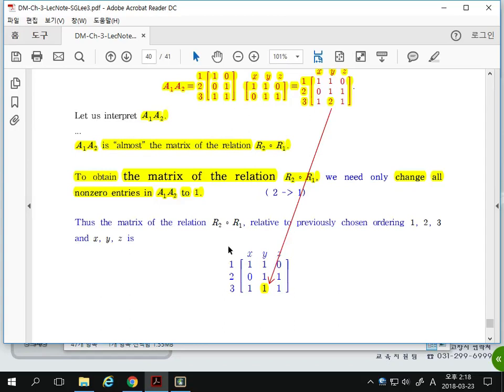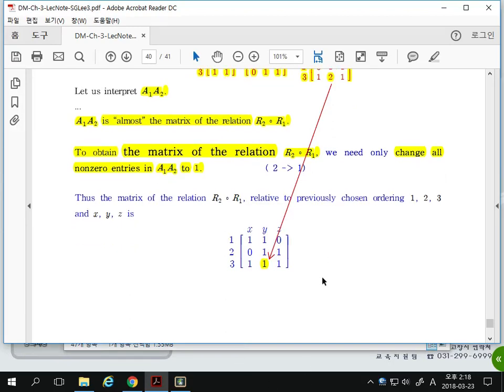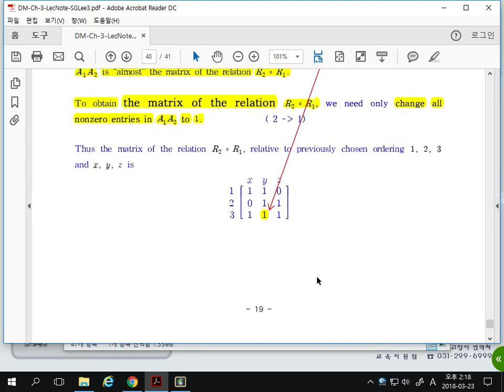Okay. Then we not only have a matrix for one relation, we can also find the matrix of the composite of many relations, not only 2.